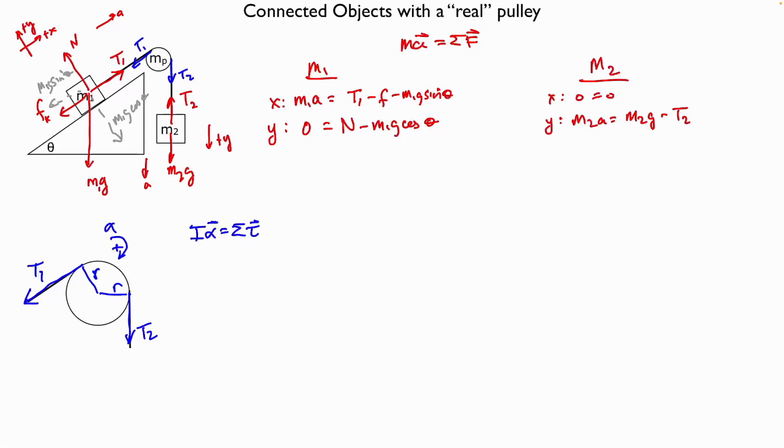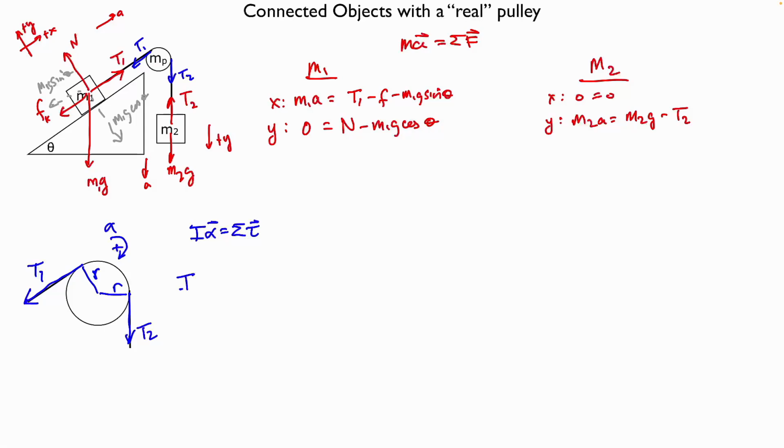Okay, so now that I've got my forces and I've checked to make sure my distances are perpendicular to my forces and I've defined a positive direction, I can now write down the Newton's second law torque equation. Just like up here where I start with MA equals and then I write out all my forces, I'm going to do the same thing.